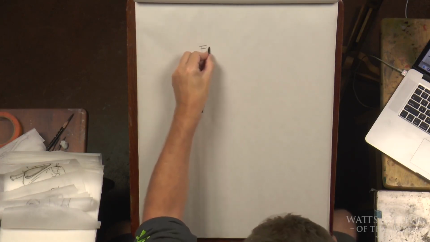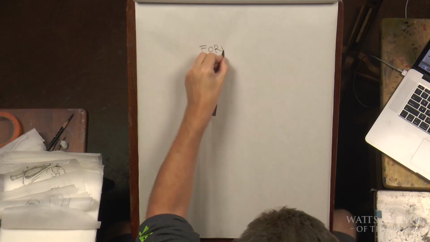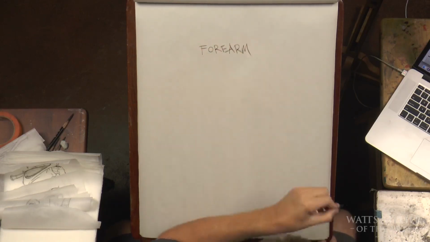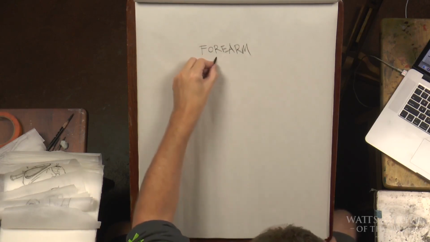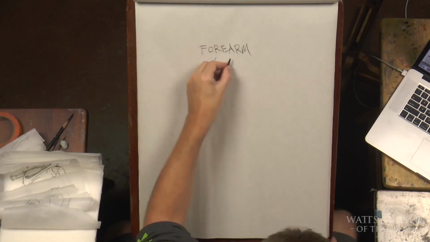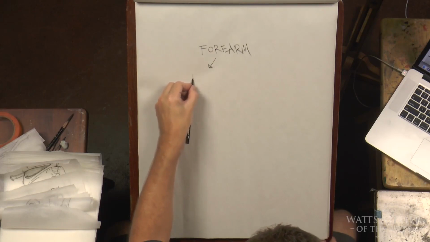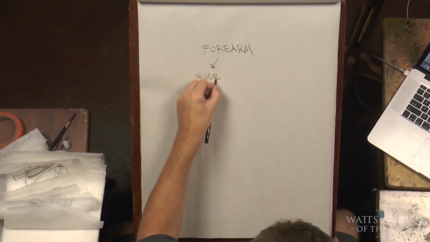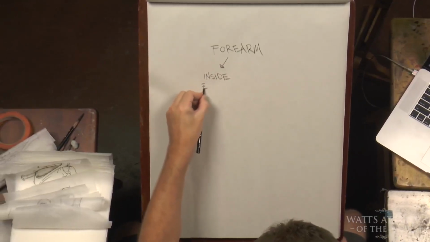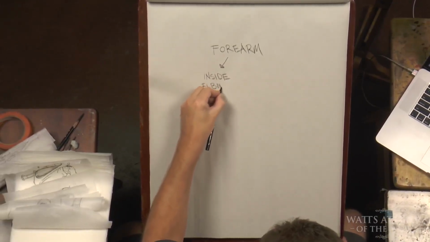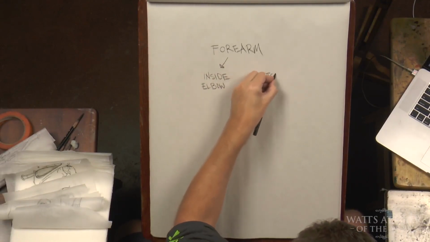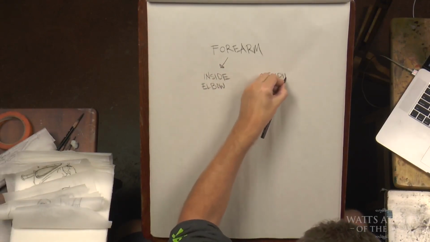So we have forearm up here. Forearm, and then that sort of breaks down to the inside of the elbow and outside of the elbow.